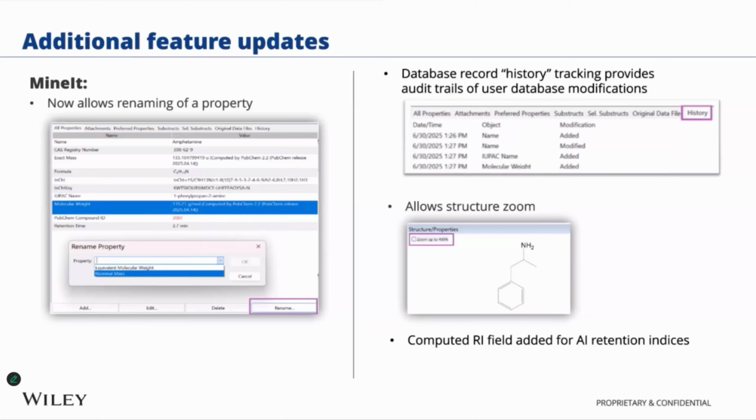For example, molecular weight can be changed, you can move the whole value to nominal mass if you want to. And also, if you build databases, there is a history tab in the database, so you can see what you have done, what is changed. And also, sometimes our structure is too small. You can set a zoom in our structure display pane. Okay.